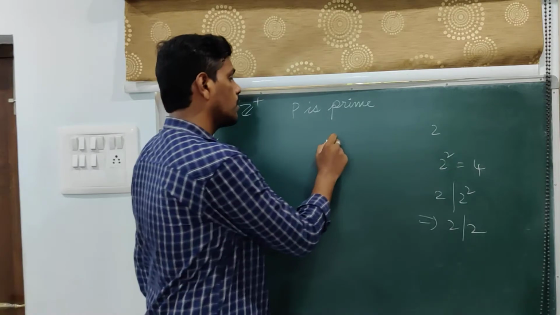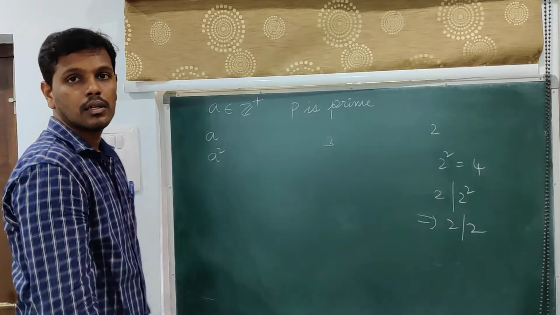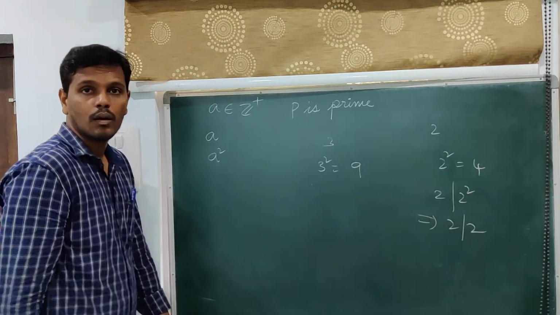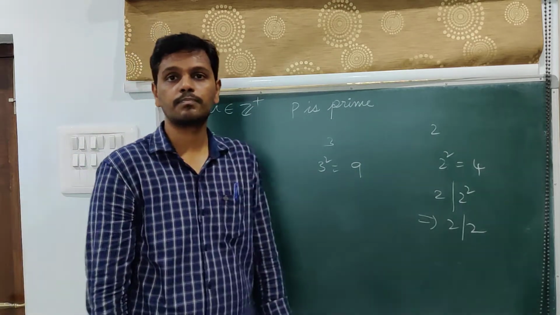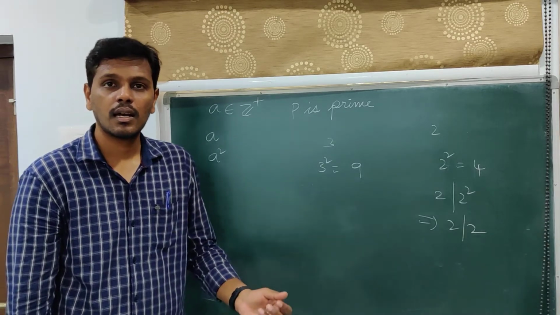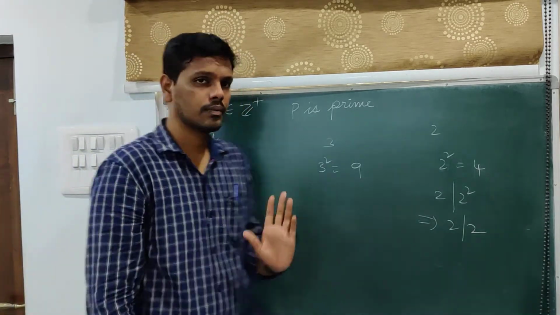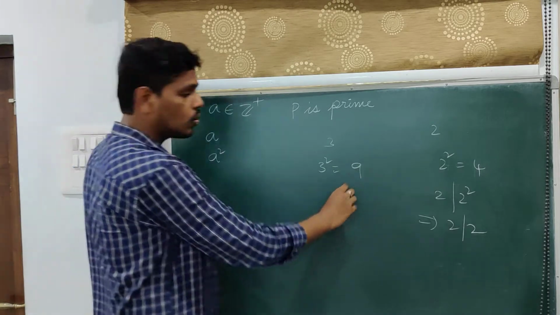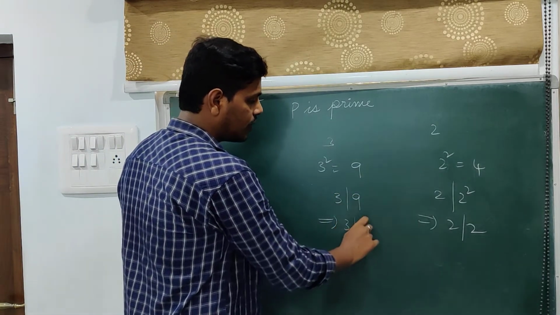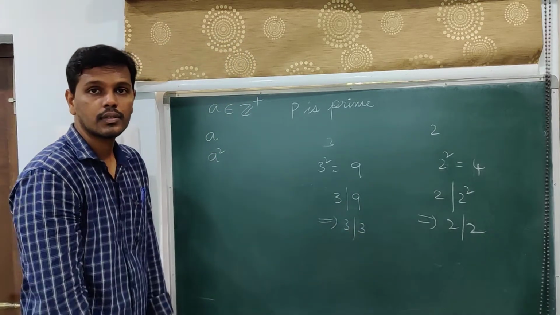Suppose 3 is a prime number. What is 3 square? It is 9. The only prime number that divides 9 is 3. So 3 divides 9, and may I say that 3 divides 3? Yes.